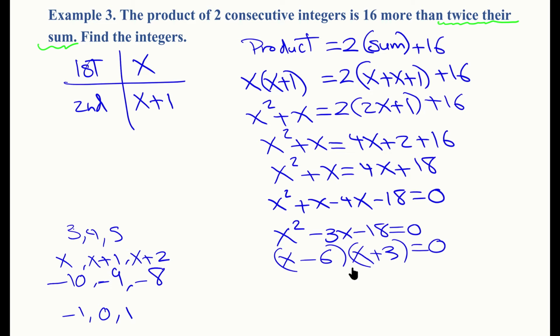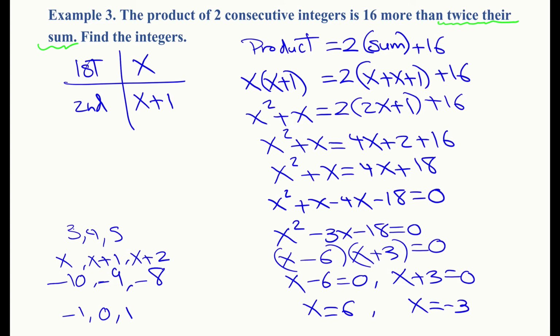The inner product is negative 6x, the outer product is positive 3x. Together they give negative 3x, which is what we want. So we get x minus 6 equals 0, or x plus 3 equals 0. So this one gives us x equals 6, this one gives us x equals negative 3.